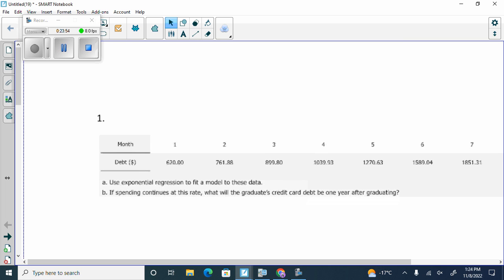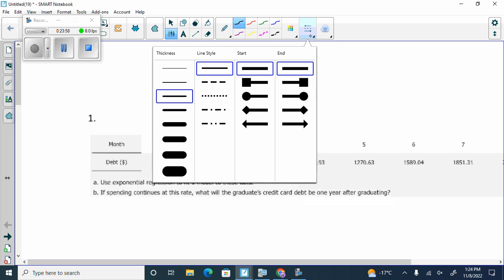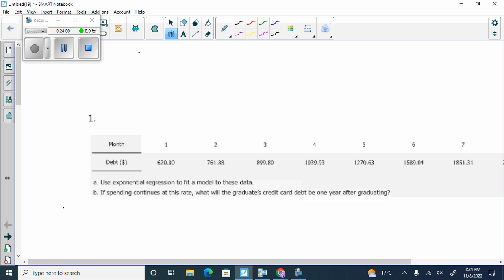So it always gives you the format of your equation, just like it did for linear, quadratic, and cubic. So it's y equals a star b hat or roof x. Well, you're not going to write it like that, technically. That's just how the calculator would write it out, correct? What does a star mean in your calculator?